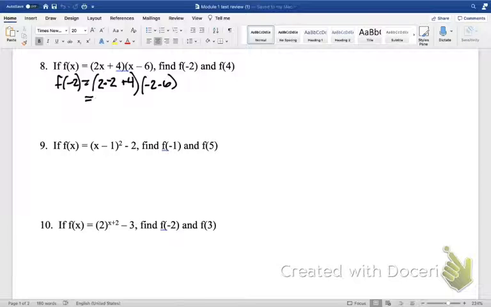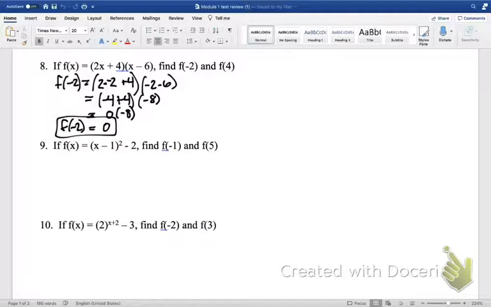So 2 times negative 2 gives me negative 4. Negative 2 minus 6 gives me negative 8. Negative 4 plus 4 gives me 0 times negative 8, which gives me 0. So f of negative 2 is equal to 0.